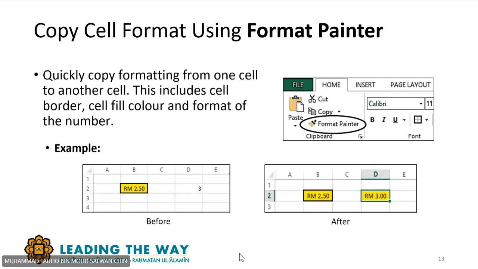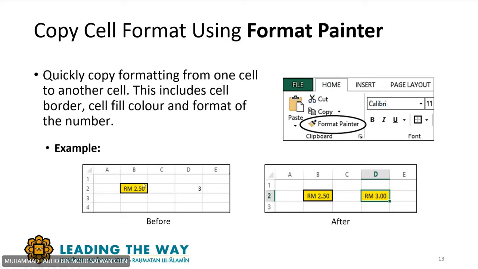Okay, format painter. Format painter actually just copies the format from one cell to another cell, like the fill handle you dragged earlier. For example, you want to copy the format from B2 to D2, to have the same format. For example, you can see the text, the yellow cell color, then the border, the border size, you can see the difference.